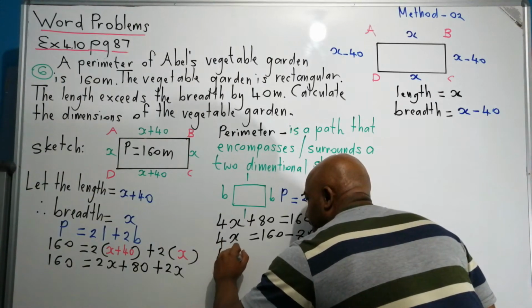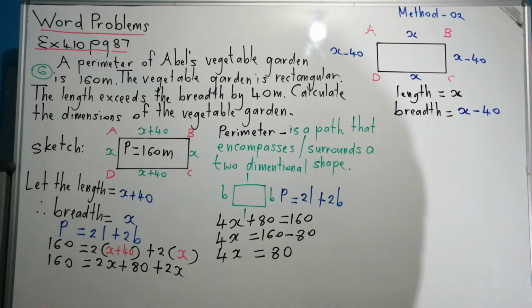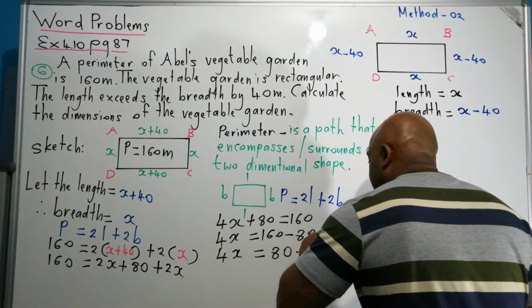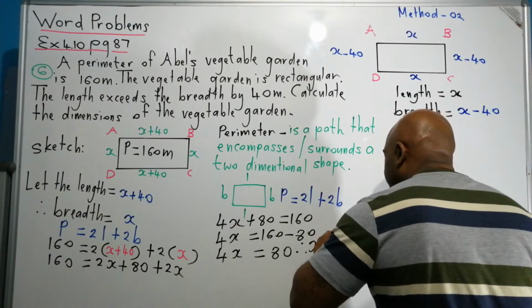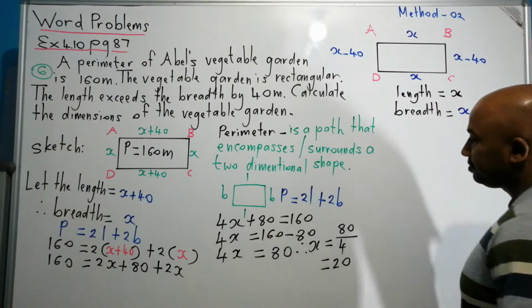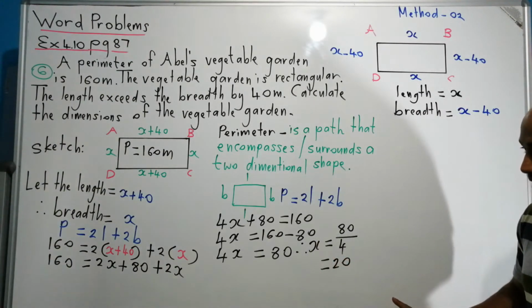So 4x is equal to 80. So therefore x is going to equal to 80 divided by 4, which is equal to 20. Okay, so we got x is equal to 20.